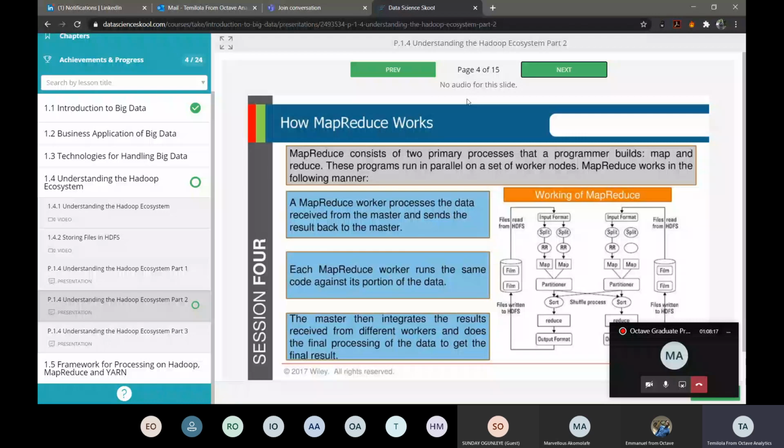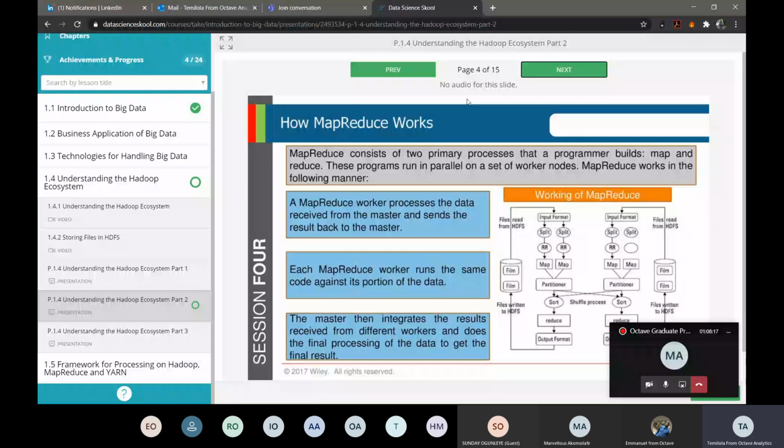When it gives me the result for data node 1, it goes to the next data block or commodity server and gives me the result. Then it aggregates and sums it up to give me the final result. Just like it says here, the master then integrates the results received from different workers and does the final processing of the data to get the final result.